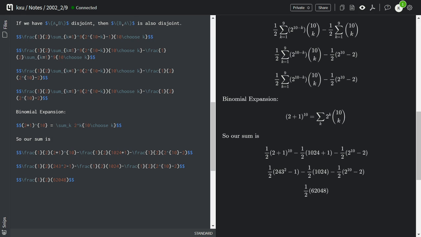I mean, 240 squared is like 57,600. Then you're multiplying by 6 times 240, so 1,000.